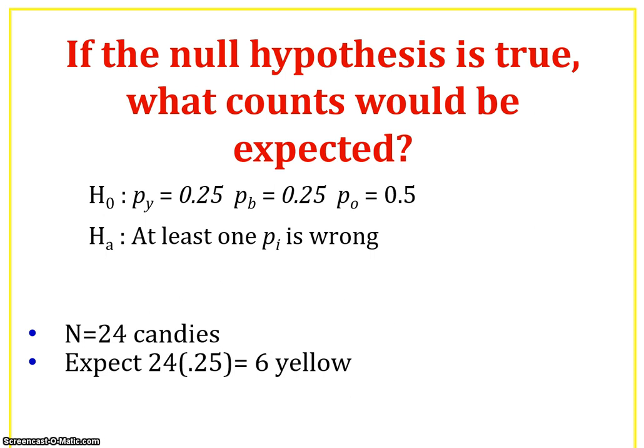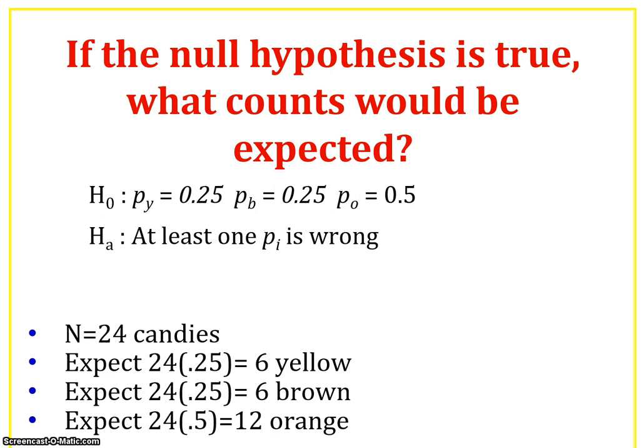We'd expect 6 yellow. Since the hypothesized proportion of 0.25 is for the brown, we'd expect 24 times 0.25 gives us 6 brown. And since we hypothesize that half of all Reese's Pieces are orange, we'd expect that approximately half of our sample, so 24 times 0.5, would be 12 orange in our sample.